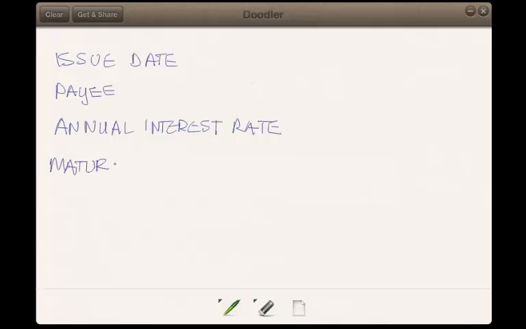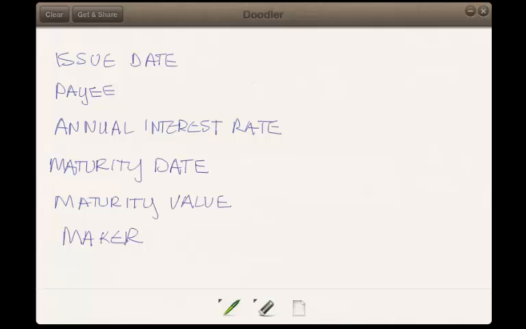We have maturity date, which is the date payment of principal and interest is due. We have maturity value, which is principal plus interest due on the maturity date. And we have maker, who is the party promising to pay, also called the borrower.